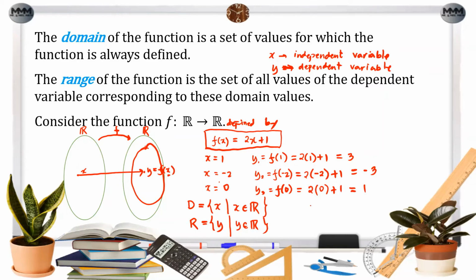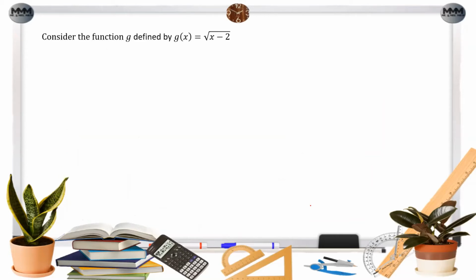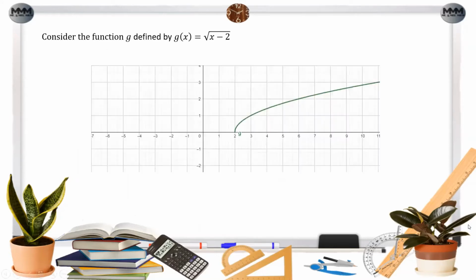So to illustrate more the concept, let me have another function defined by g of x equals the square root of x minus 2. Now, this is the graph of the given function.